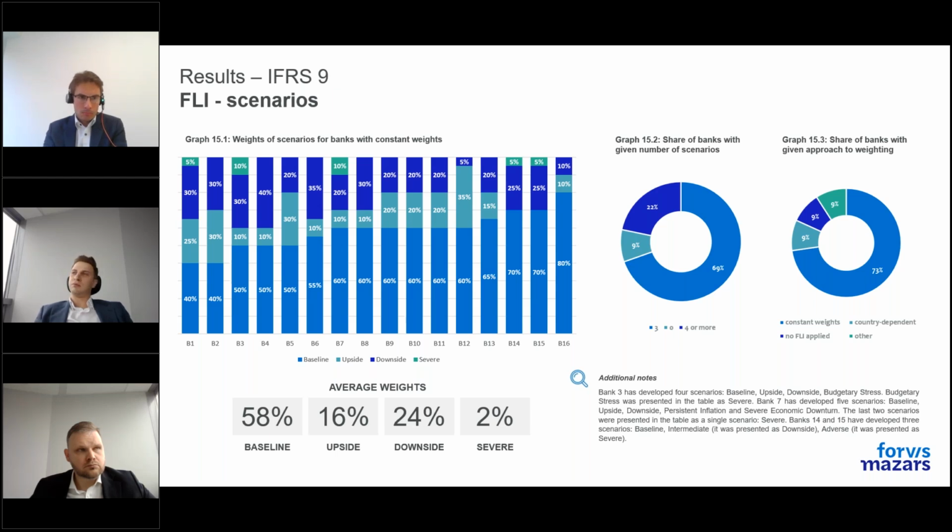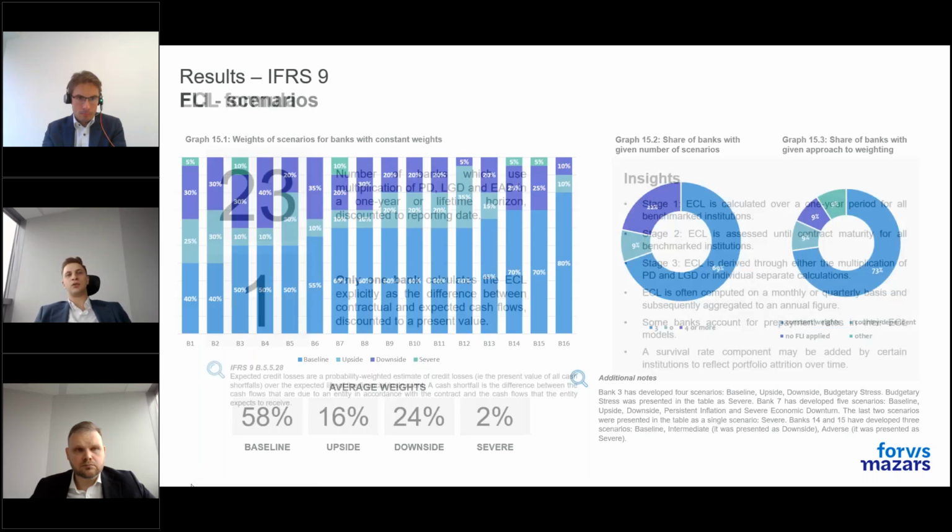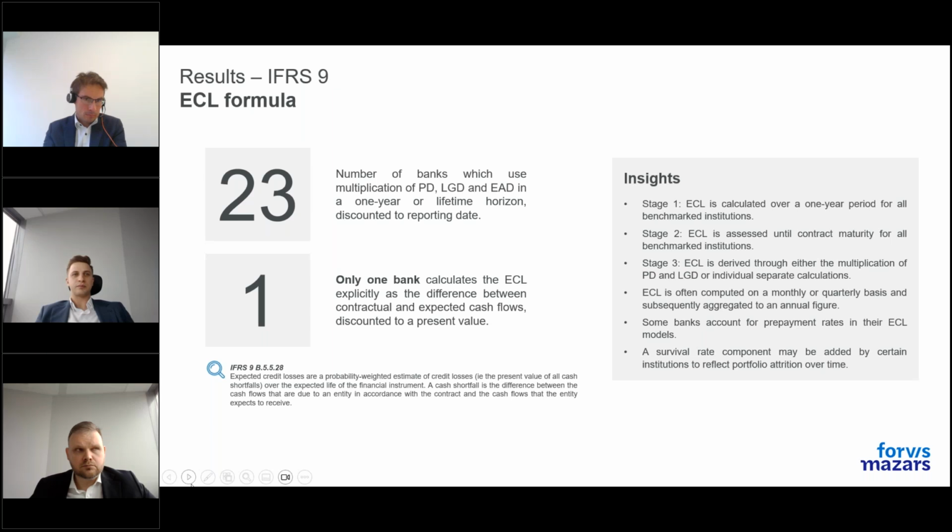They can use some more sophisticated approaches, or they just simply do not include forward-looking, so they do not have scenarios.